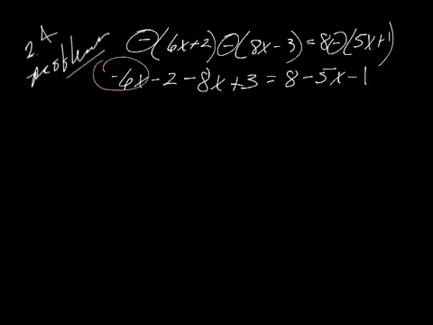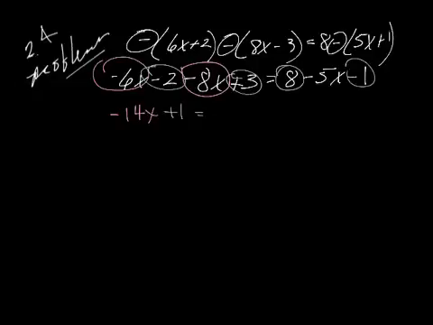Alright, like terms. So negative 6x and negative 8x is negative 14x. And then I've got a negative 2 and a positive 3, so that's a plus 1. Got an 8 and a negative 1, which is a 7. Minus 5x can't combine. Add 5x. Add 5x.